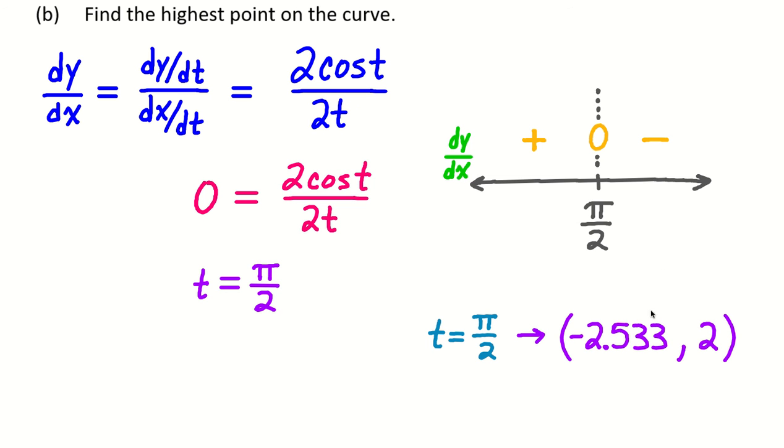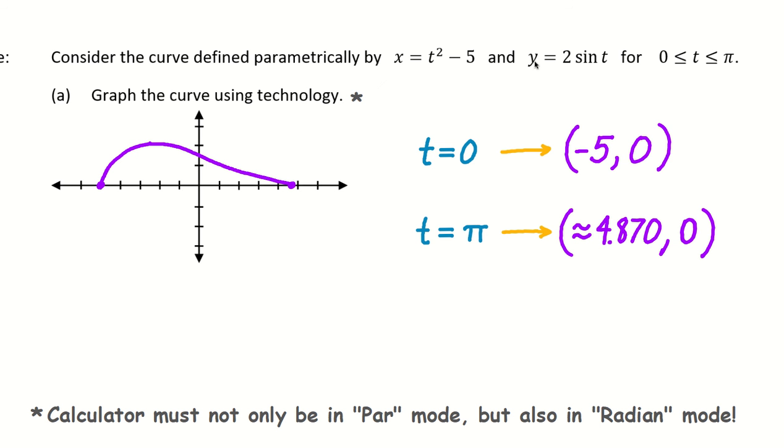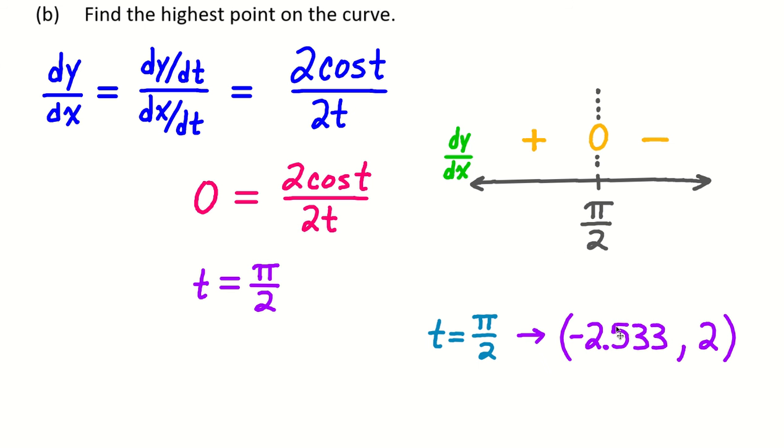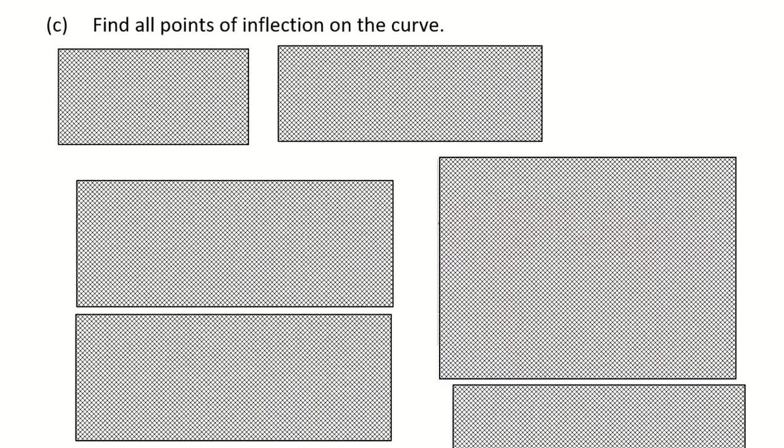But this is what I really care about. This is the final answer, because we're going to plug in pi over 2 to these parametric equations to get this as our point, okay? So that was using the first derivative, people.